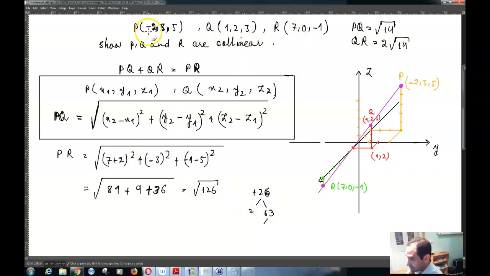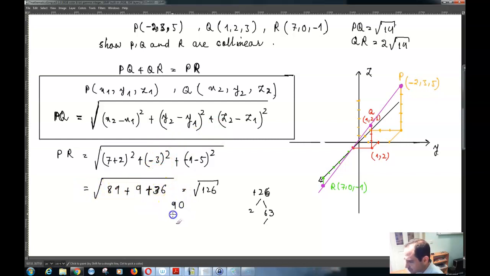So 7 plus 2 whole squared, negative 3 whole squared, negative 1 minus negative 5 whole squared. This is 9 squared, which is 81, plus 9, plus negative 6 whole squared is 36. Now 81 plus 9 is 90 over here.